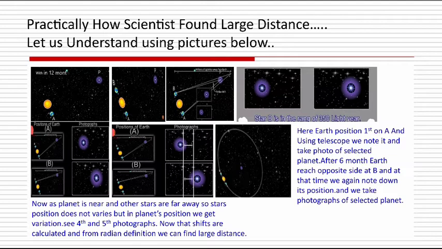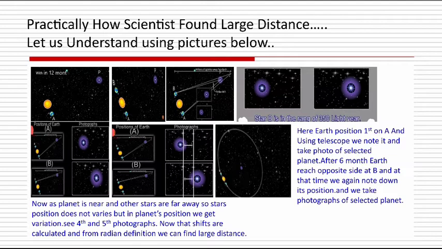When the Earth comes to position B, again we note the angle and the direction. So we get the 2 directions AP and BP, and by combining them we get the angle.